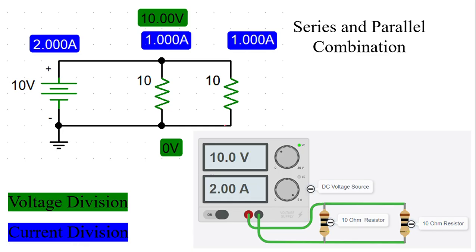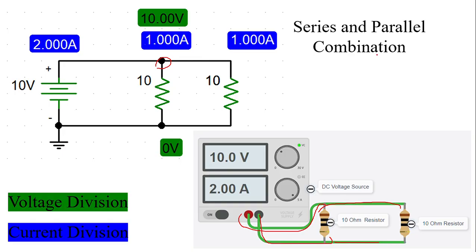Now these two are in parallel with each other. The first terminal of this is connected to positive, this first terminal is also connected to positive, and both second terminals are connected to negative. So you can say these two are in parallel with each other.